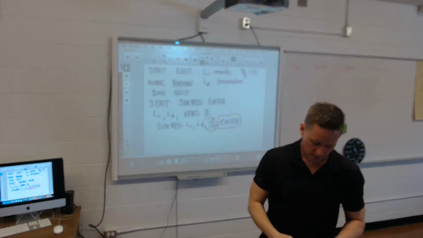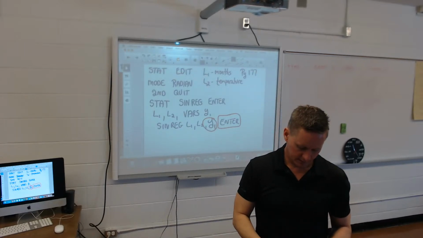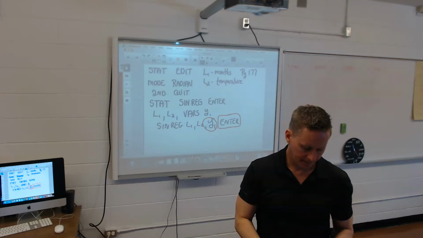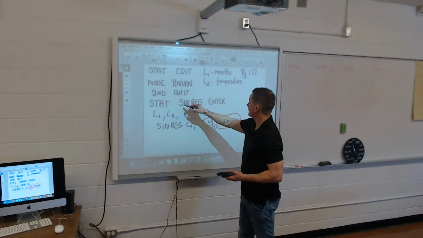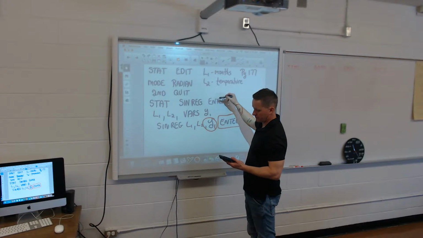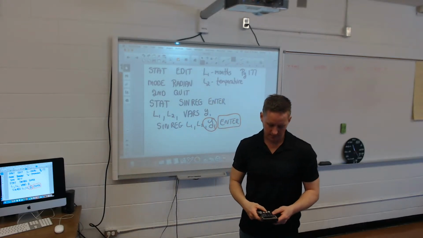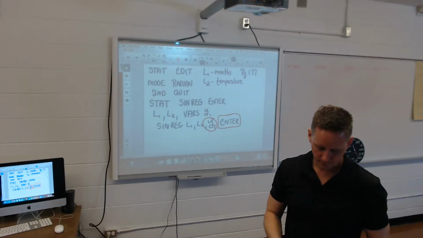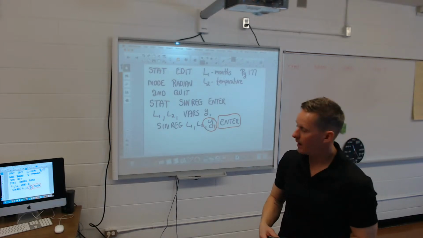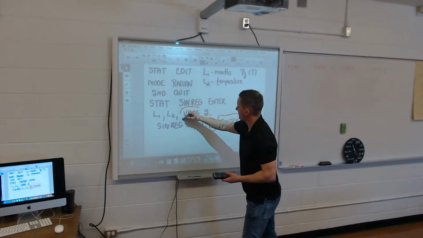So let's go back to our solver mode, and let's go stat, calculate, sine regression. So stat, calculate, sine regression. We hit enter. Now we're going to enter in line 1, line 2, and then we go to vars. Y1. And at this point, so I get vars here, right?